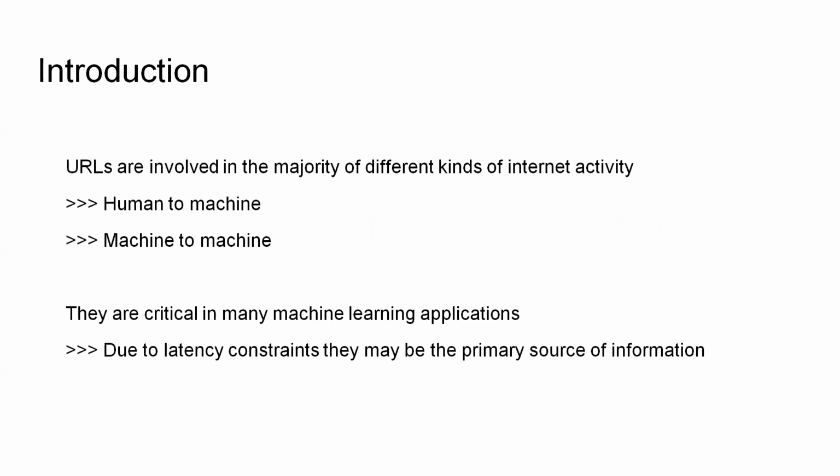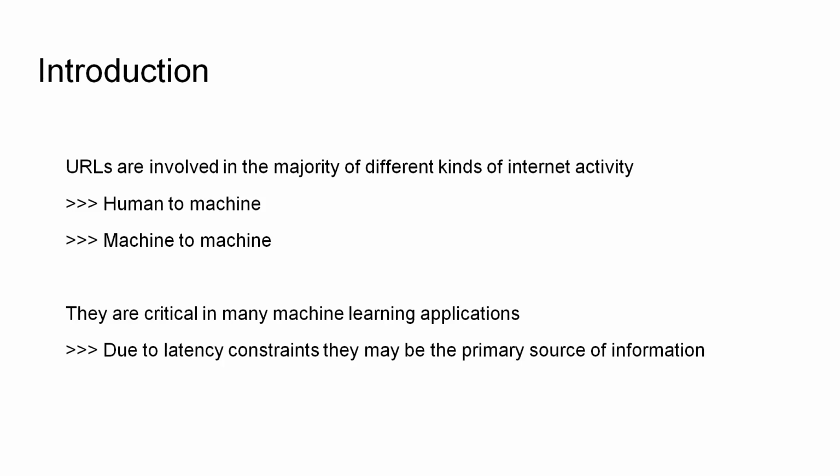Increasingly, a lot of computer systems that use APIs actually use URLs to interact with each other. So URLs are useful both for machine learning applications that are about human to machine, but also machine to machine communication. And they're critical to a lot of online machine learning applications for different kinds of users.